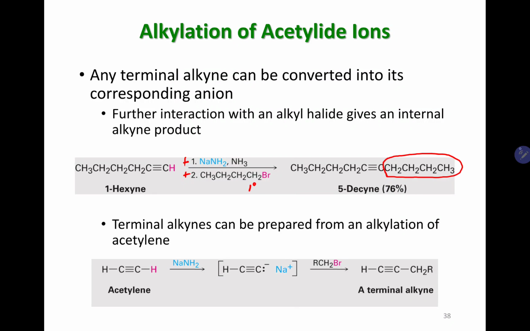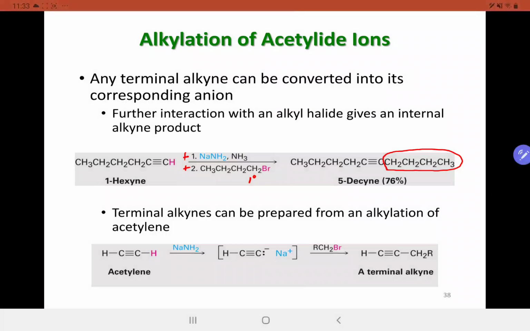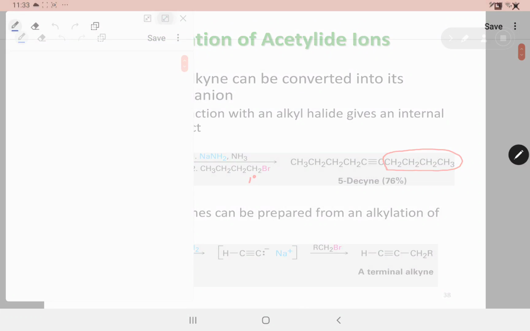Let's take another example. Let's say you have an acetylide precursor like this, 1-pentyne. In the first step, we use NaNH2.